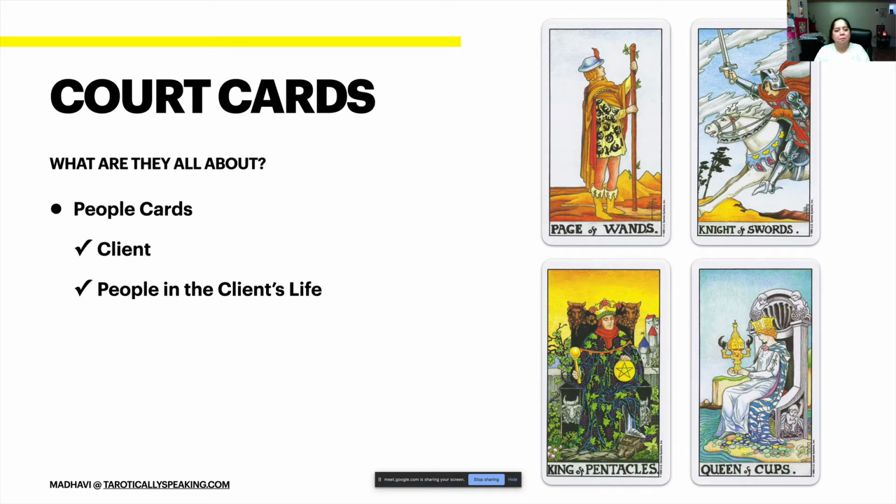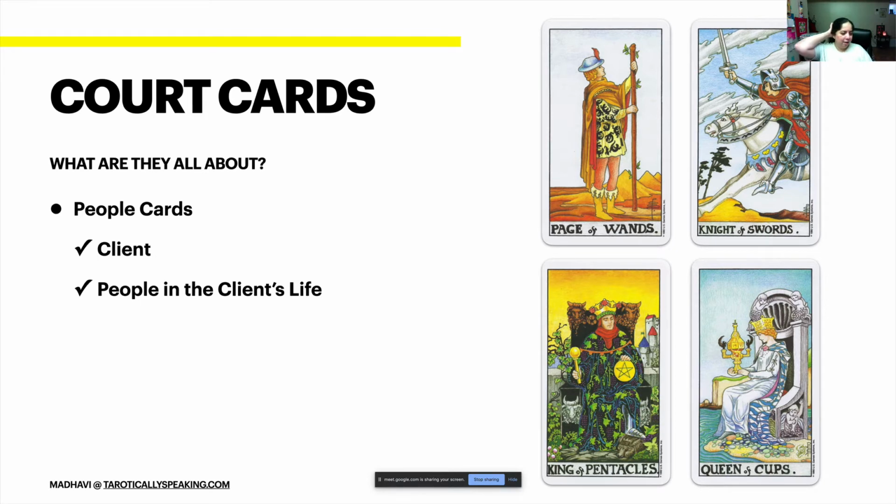It's that simple. And yes, you may wonder, so which is which? Give yourself some time, you'll figure it out. It's very intuitive. Maybe start simple and tell yourself, all the court cards that show up will be the client. And once you get comfortable with them, you can relax those rules for yourself.